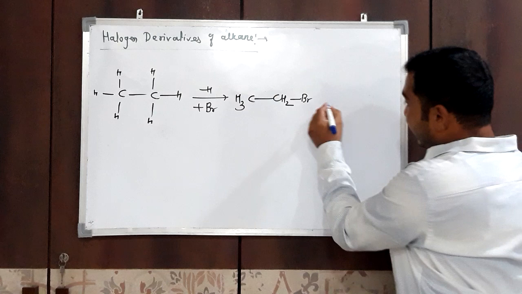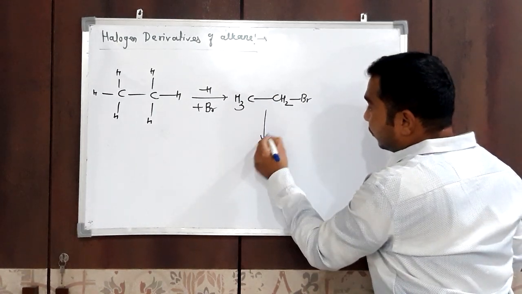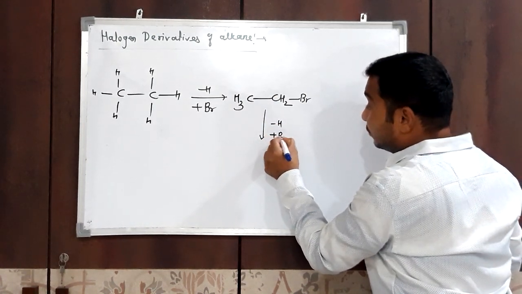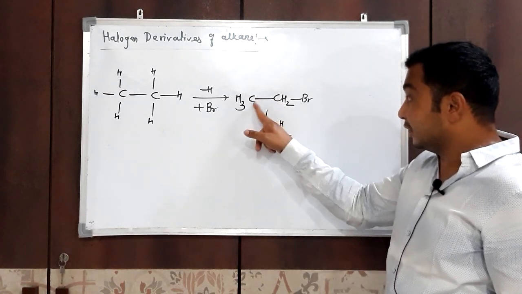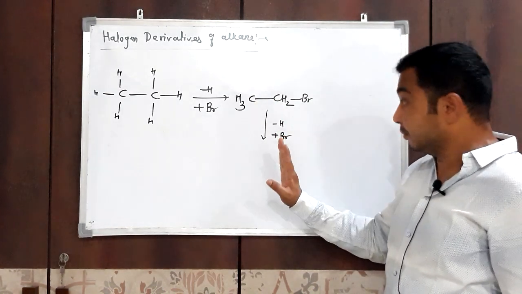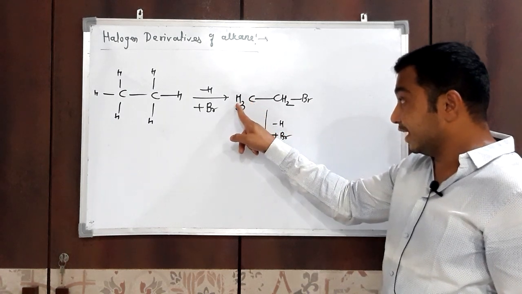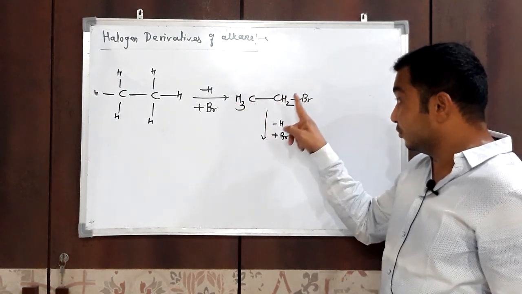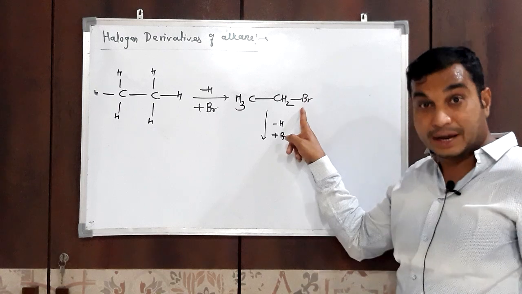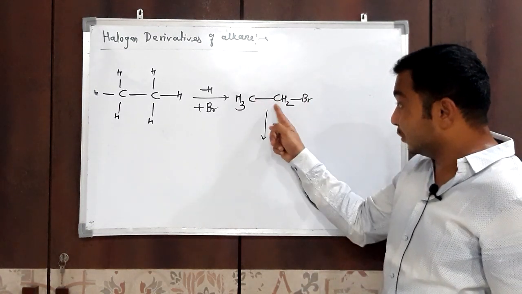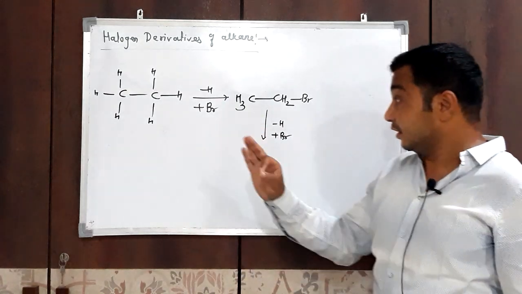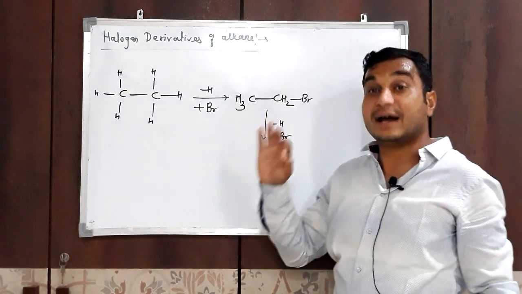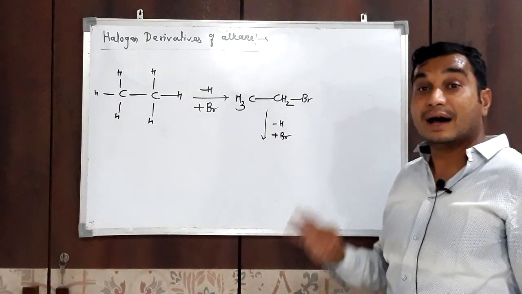Okay, so again replace 1 more hydrogen atom by a second bromine atom. Now see, these two carbon atoms are not identical. Remember, this carbon contains 3 hydrogen atoms, this carbon contains 2 hydrogen atoms and 1 bromine atom. Therefore their hydrogen atoms are not identical.